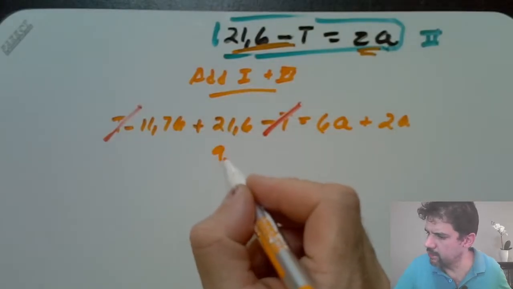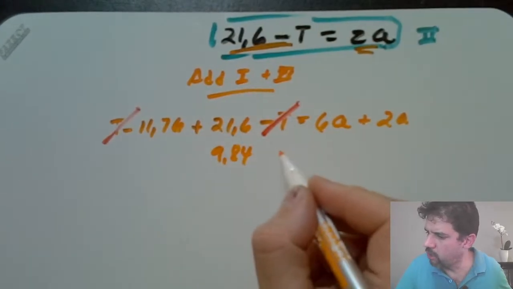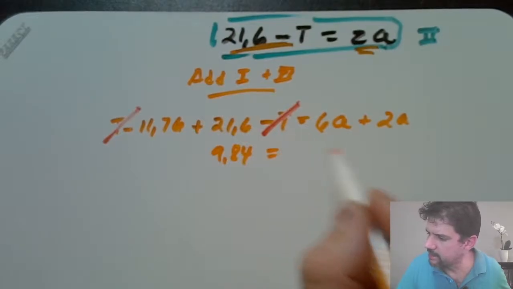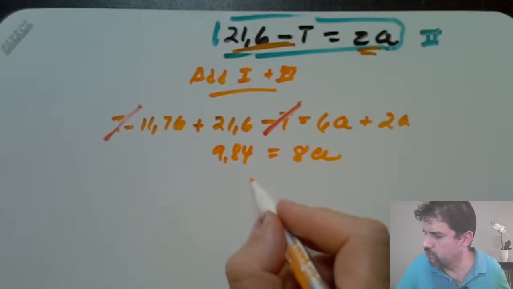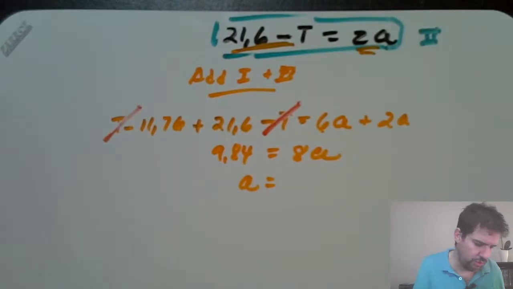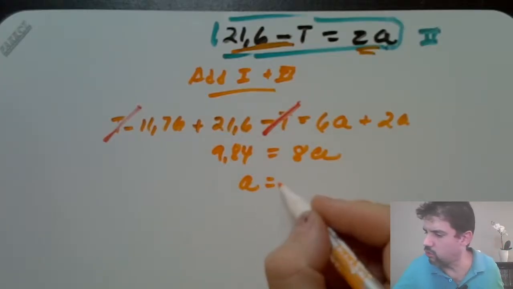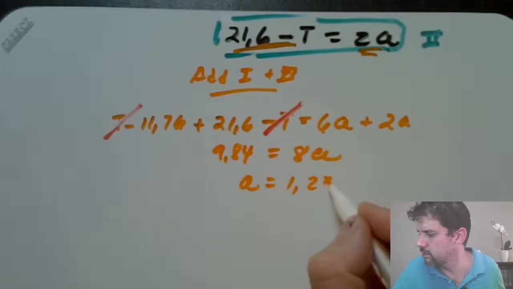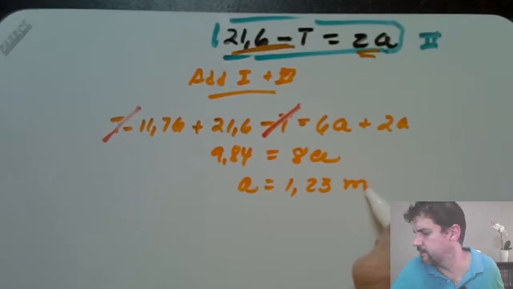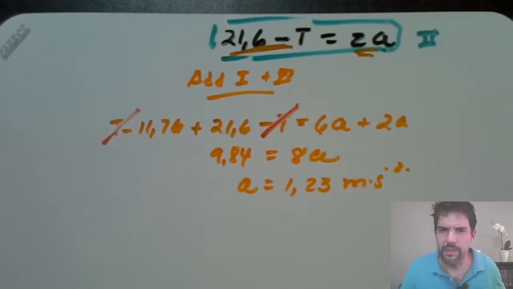This one here is 9,84. These cancel each other. It's equal to 6 plus 2, which is 8. So the acceleration is equal to that one divided by 8. We get 1,23 meters per second square. That is the acceleration.